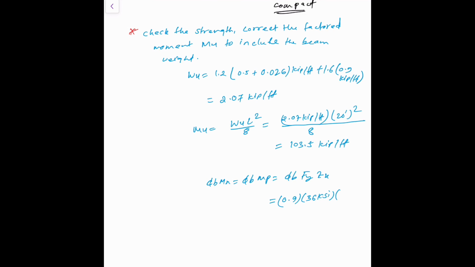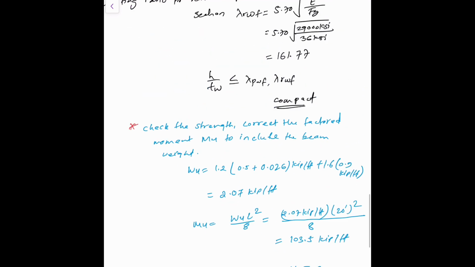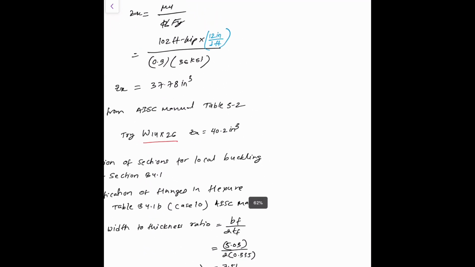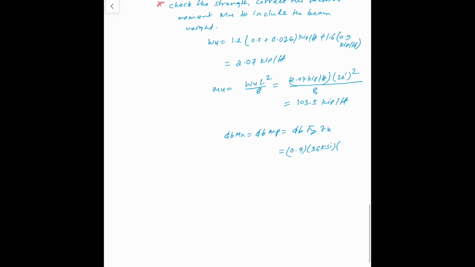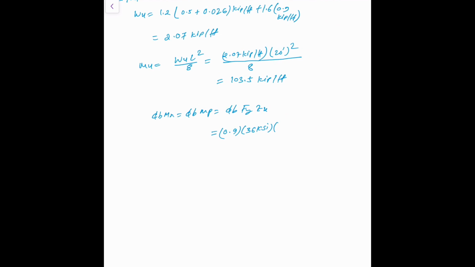So 36 kips per square inch, and Zx. What was our Zx? We calculated our Zx equals 40.2 inch cube.